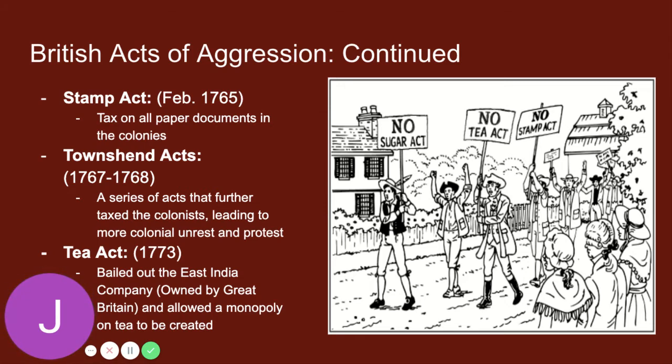So the Tea Act basically allowed the East India Company to be the only company that would bring people tea. And right here, there is a political cartoon of the Stamp Act, the Tea Act, and the Sugar Act, and how people felt about it.